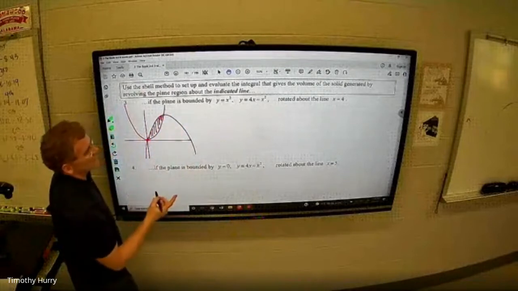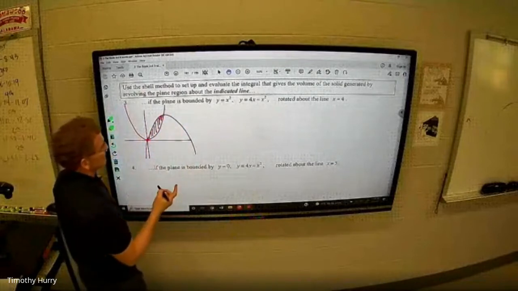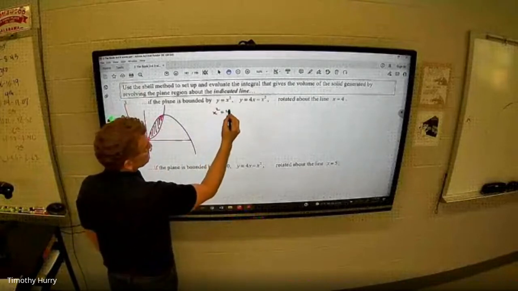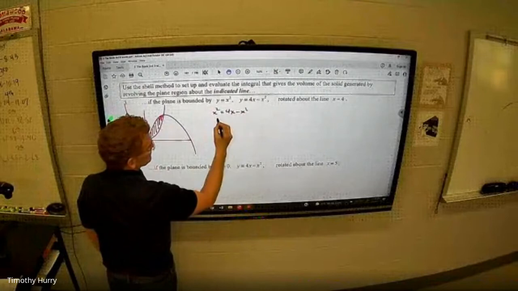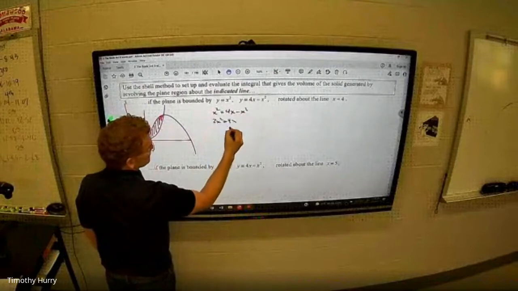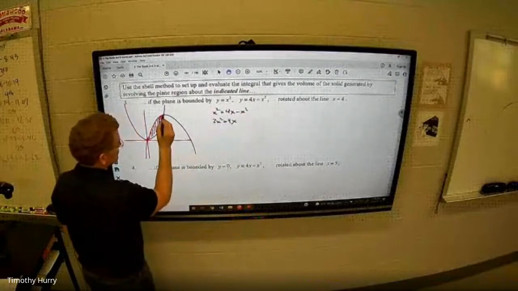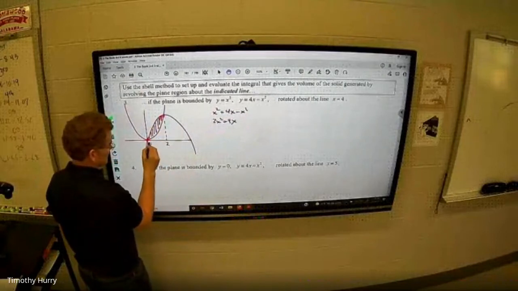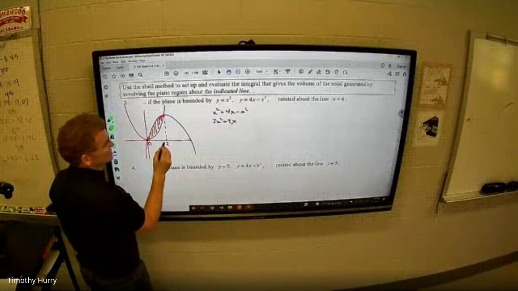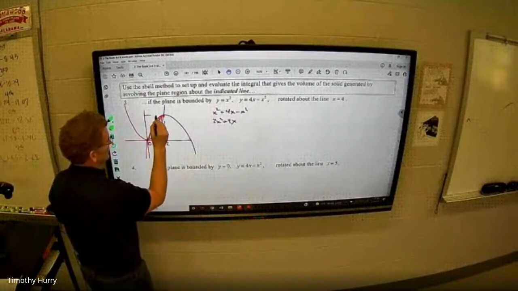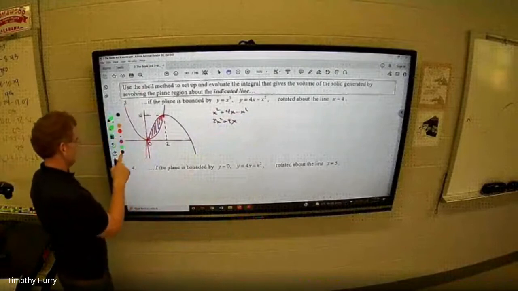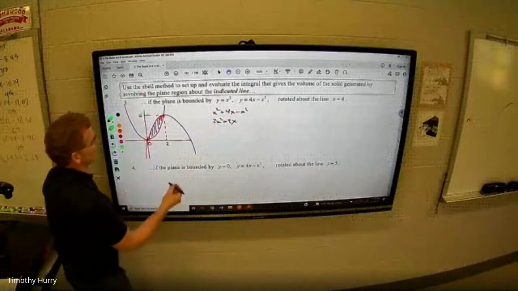And I'll even give you the courtesy, these cross at 0, 0 and at 2, 2. I'm going to throw that in there just for fun. See if you know what to do with it. And we're rotating about x equals 4.